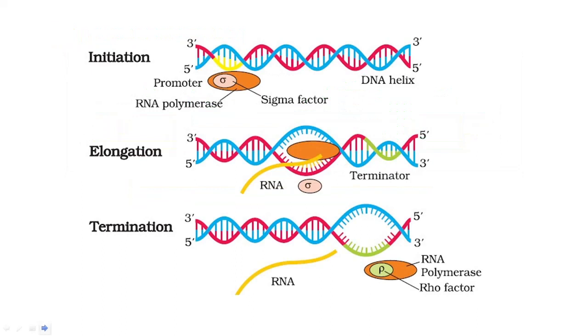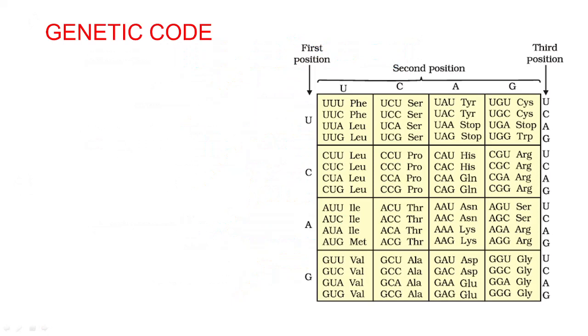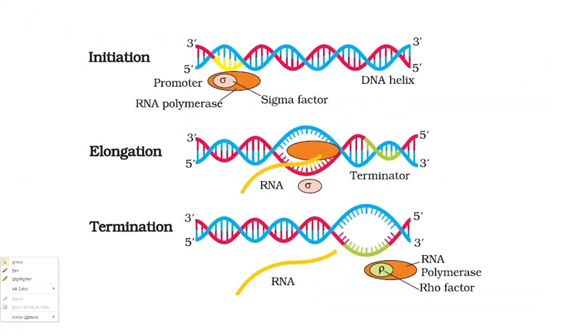So coming to the process of transcription, do remember that the process of transcription takes place inside the nucleus of a cell. First of all, what is transcription? The process of formation of mRNA from DNA, in simple words.